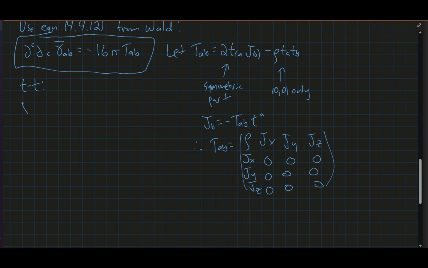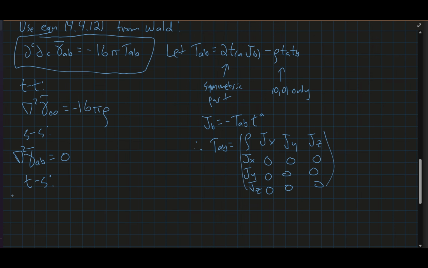So this equation just looks like del squared gamma bar 0, 0 equals minus 16 pi rho. So it's unchanged. Space is also unchanged. Del squared gamma bar AB equals 0.